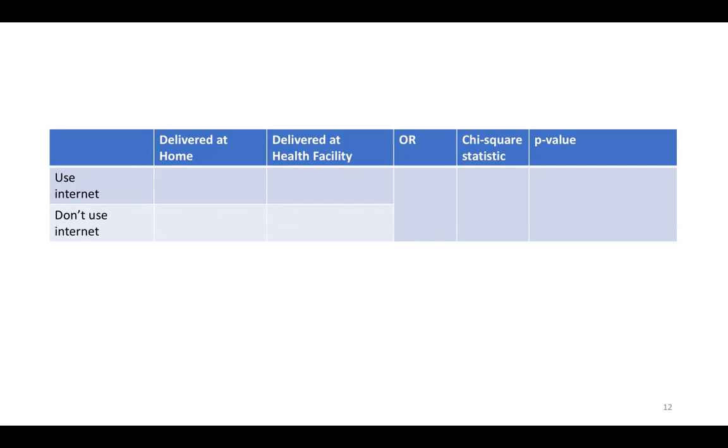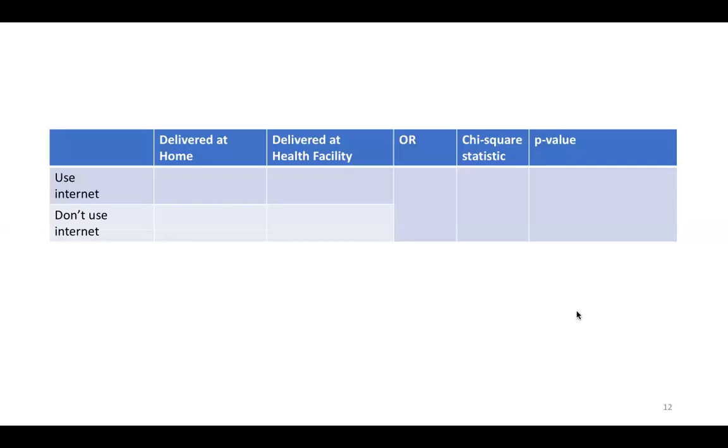So if we begin from the outcome, define the case as we have done here, someone who is delivered at home, and go back and ask, were you delivered at home when you were born? Then that will be a case control study. We can also ask them a host of other things which we might think have led to them delivering at home.